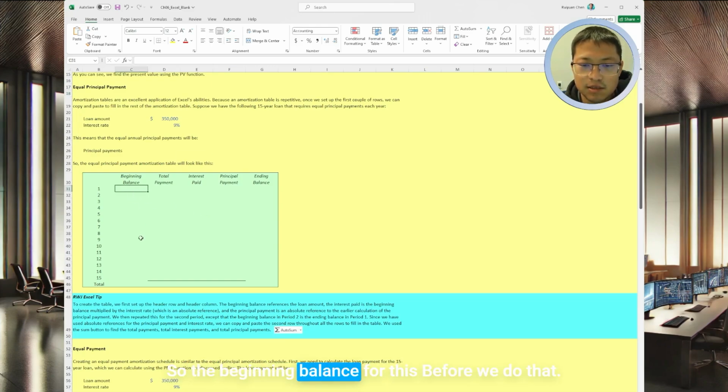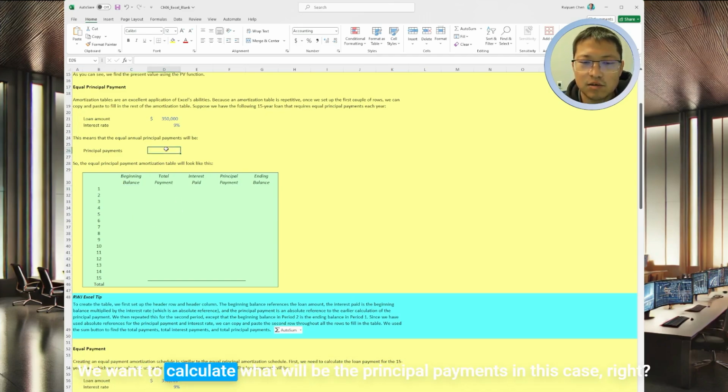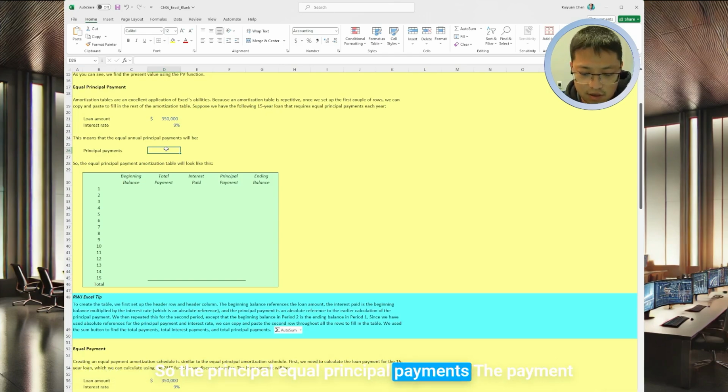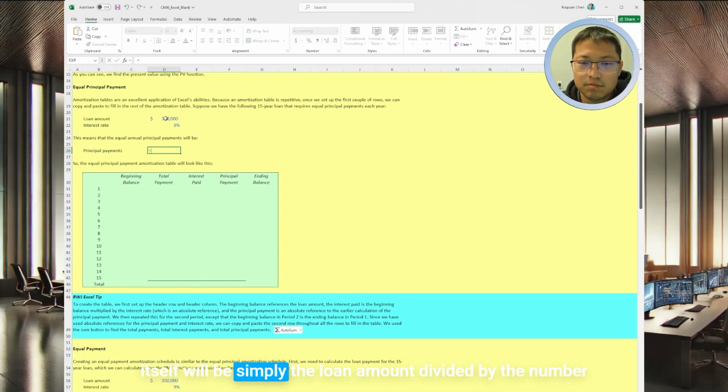Before we do that, we want to calculate what the principal payments will be in this case. For equal principal payments, the payment itself will be simply the loan amount divided by the number of years that we want to make the payment, which is 15.